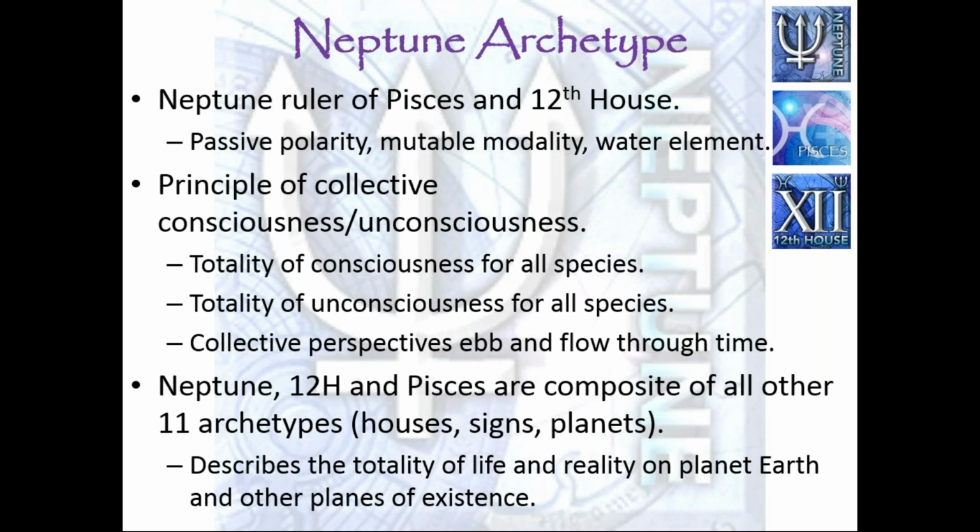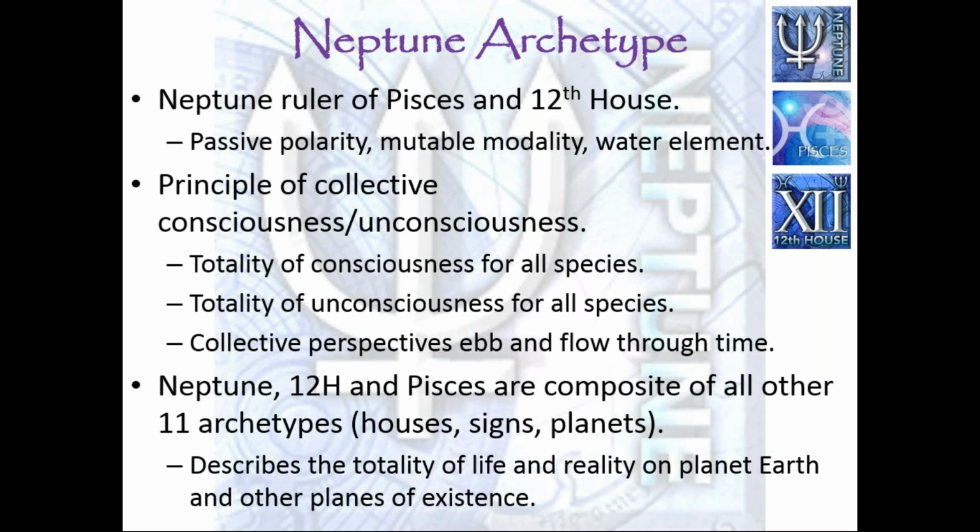Contrast this with Mars ruling Aries in the first house, the first archetype of the zodiac, baby of the zodiac, me, me, me, me, me. Initiation, instinctively acting upon conscious desires. As we move through that zodiac and get to the end of the wheel, it's like we are opening our arms as large as we can. So the 12th archetype contains all that came before.